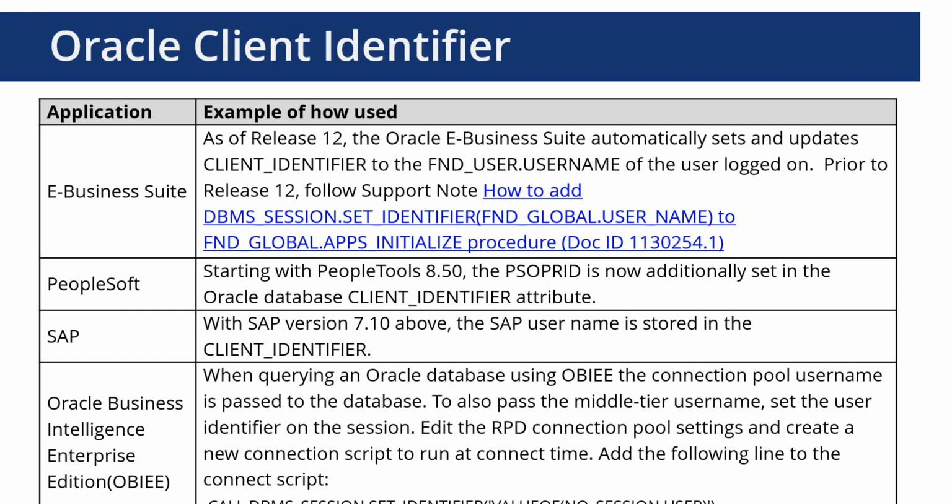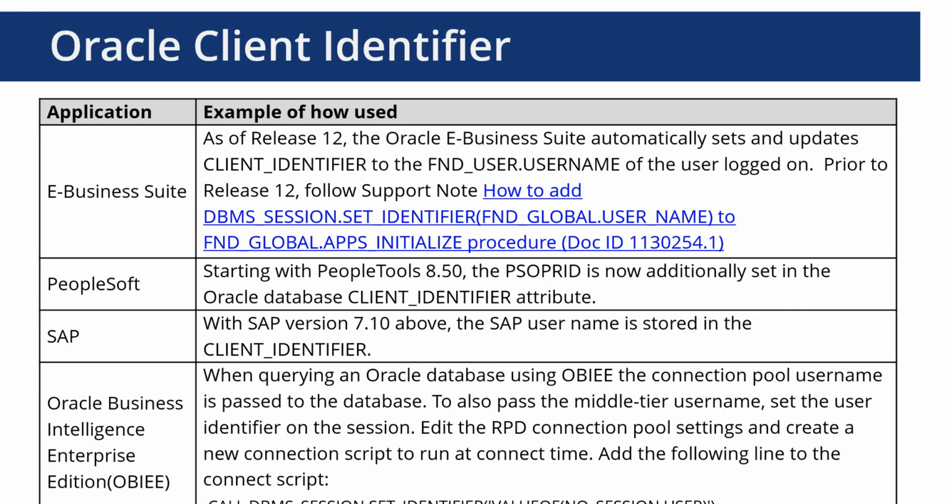Think of this very simplistically as a shelf on the bookshelf where you can put information. Specifically, you can put information such as the username. So in the context of the Oracle eBusiness Suite, as of release 12, Oracle is automatically dropping the FND username into that attribute. That attribute is then passed in syslog through standard events, and will appear in the Oracle Audit Vault.